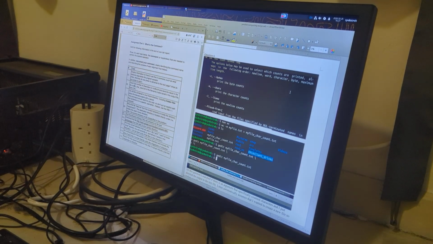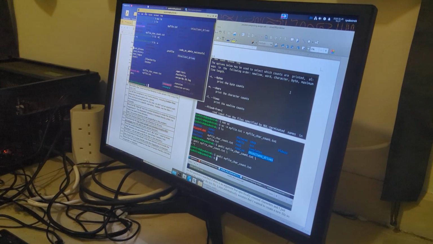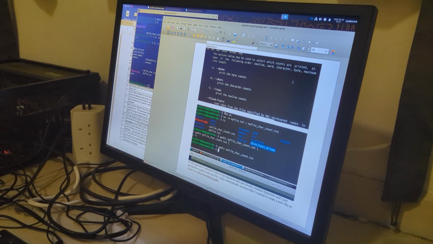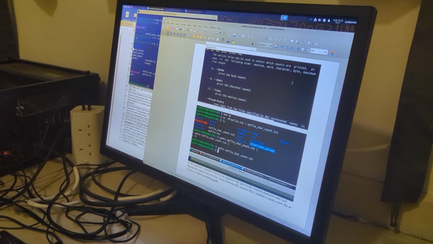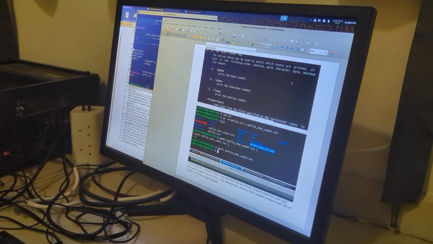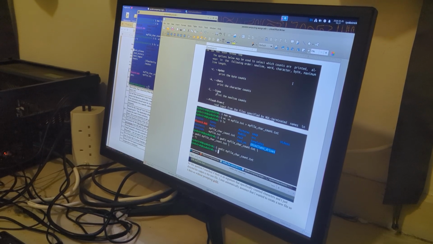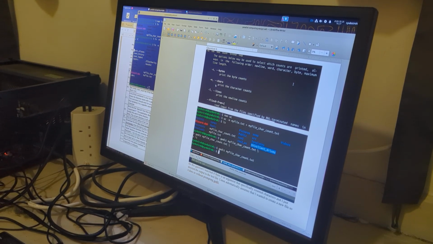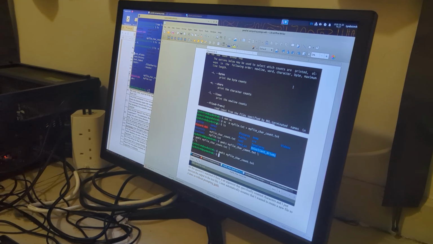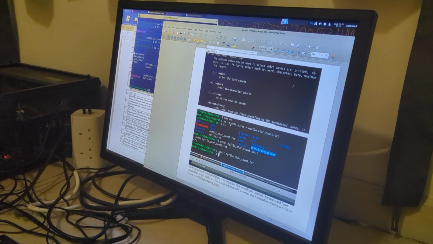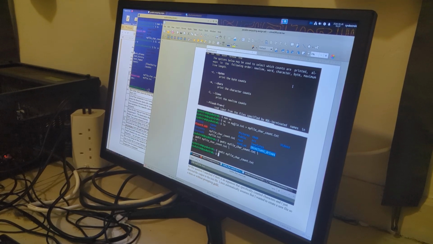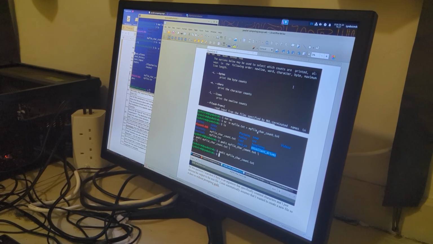So for the sixth question, I basically go into the manual for wc. I look for M, which is basically just saying print out the characters only, and I told the command line to read from myfile.txt and then put the results into the char file.